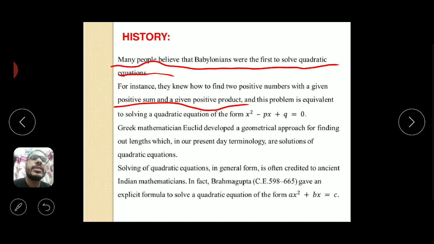And this problem is equivalent to solving a quadratic equation of the form x squared minus px plus q equals 0. Previous to this chapter we have gone through polynomials, where we have studied about quadratic polynomials. And quadratic polynomials are those polynomials whose degree is 2.